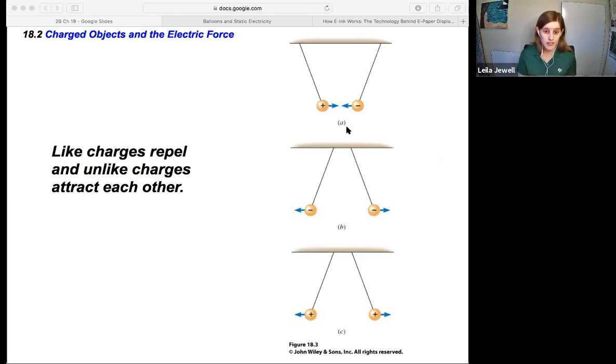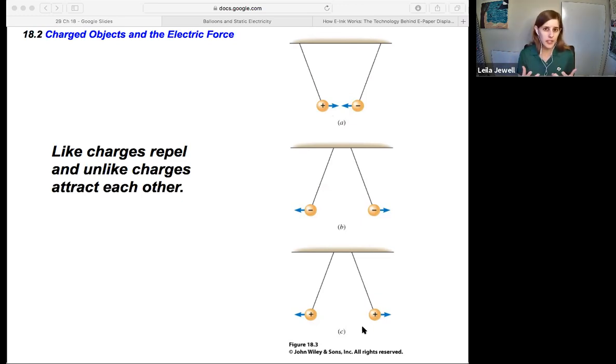So if we have a positive and a negative charge next to each other, they get attracted towards each other. They want to go towards each other. But if we have two negative charges, they can't handle it. So they're going to repel each other. Same thing with two positive charges. Again, they repel each other. So anytime you have two of the same charge, there's going to be a repulsion. Attraction is only when they're opposite charges.